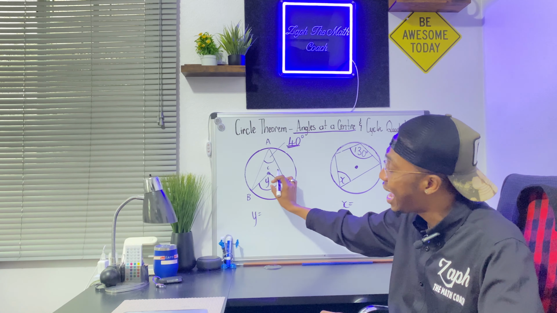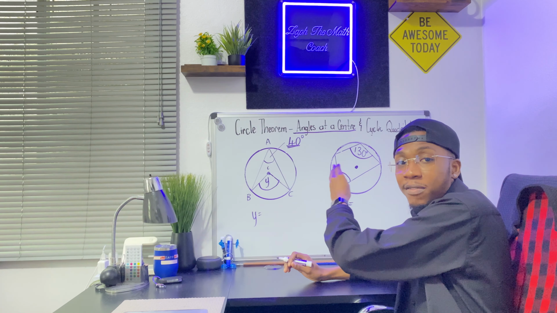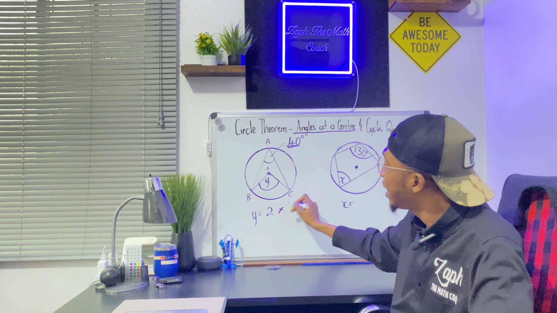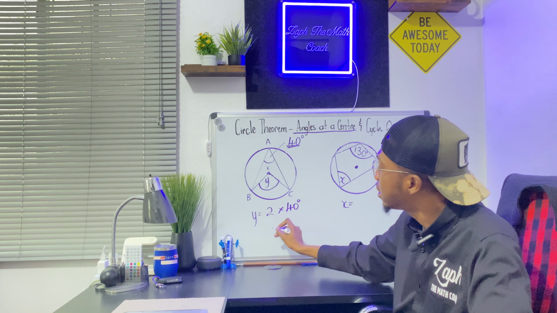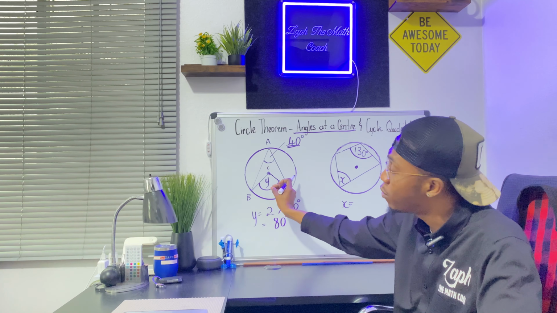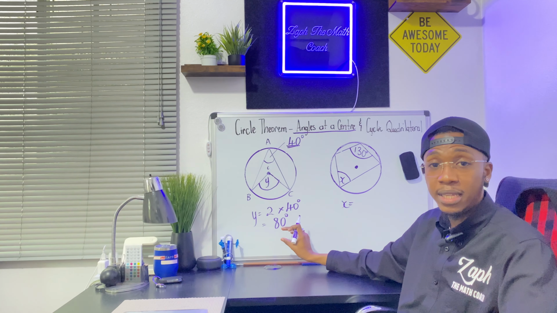The measure of the angle at the center is twice the angle at the circumference. The angle at the circumference was given as 40 degrees, so the angle at the center is 2 times 40 degrees, which gives you 80 degrees. So we know right away the measure of angle y is 80 degrees.